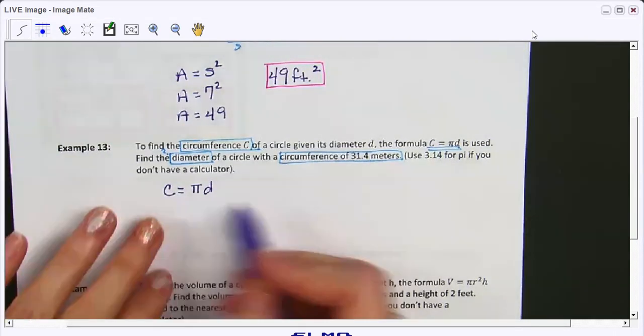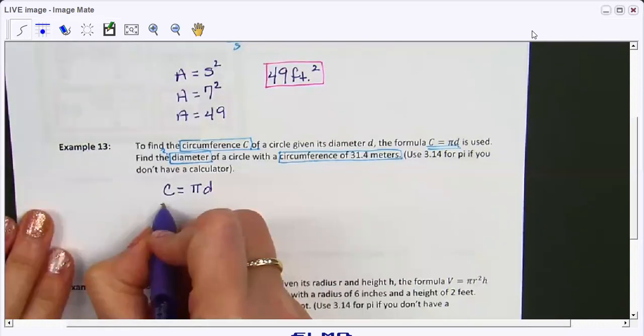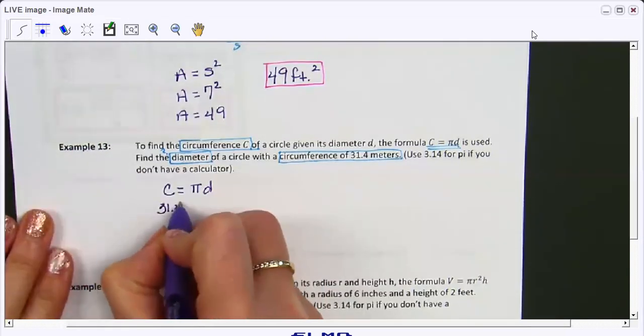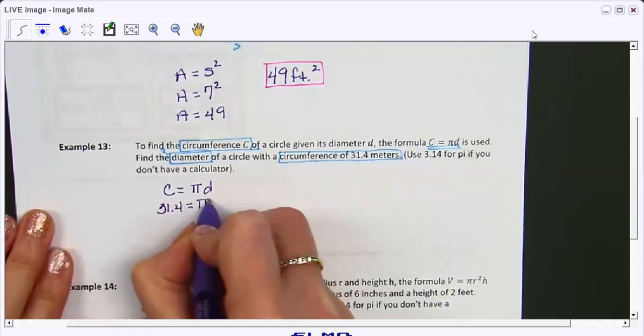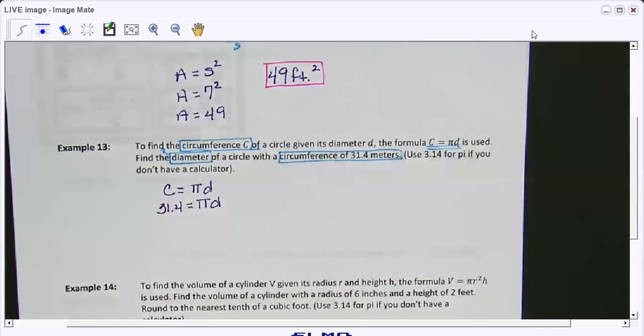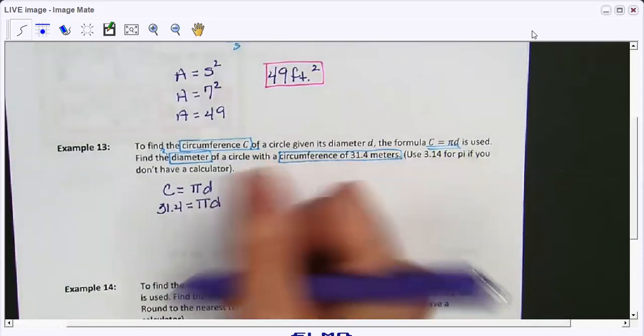All right, so we know that our circumference is 31.4. And then we have pi times the diameter. So in order to find the diameter, what do we have to do to rearrange this? Okay, we could plug in 3.14 for pi, but we need to isolate the d because that's what we're trying to find.